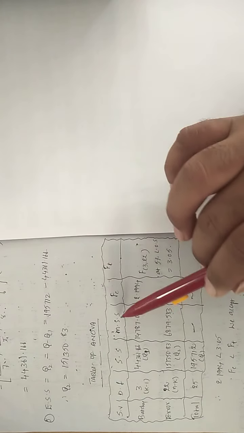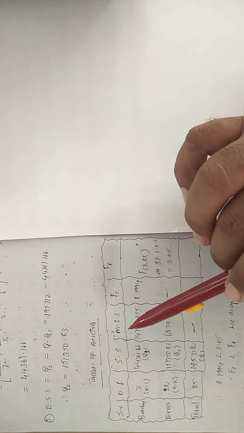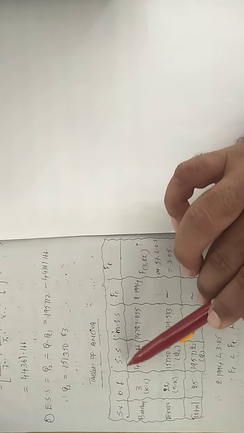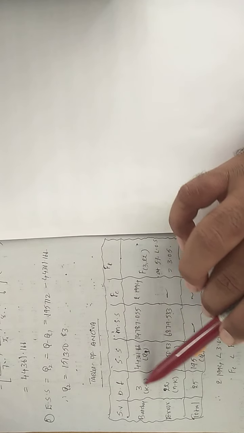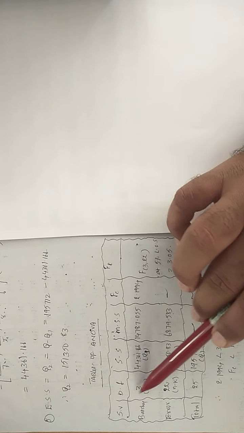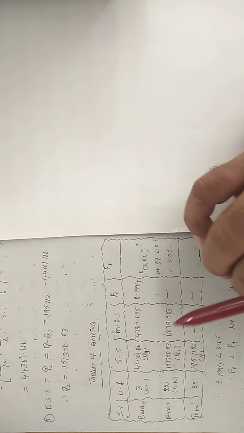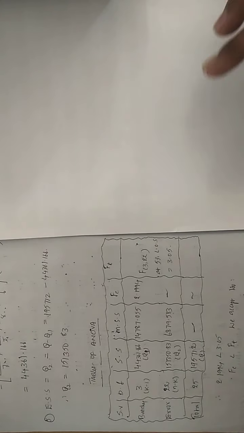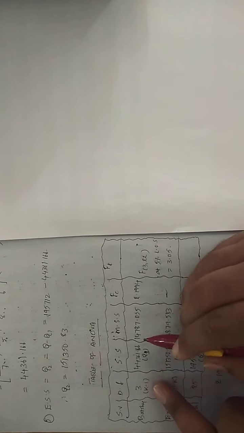Now the mean sum of squares. Mean means average. How to get the average? Total of the values by the number of values. So the total of all the values is this, and this is the number of values. So how to get this value? This value divided by this value.